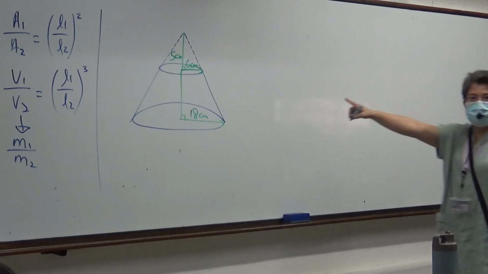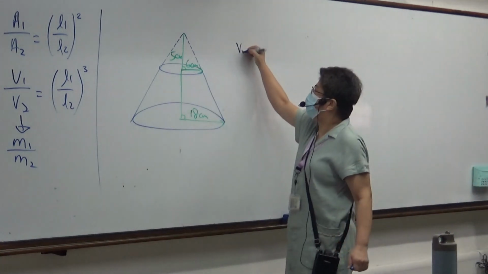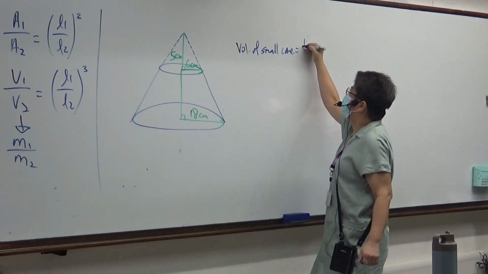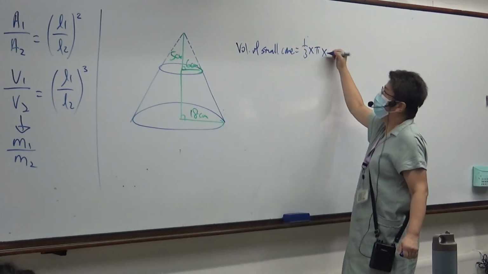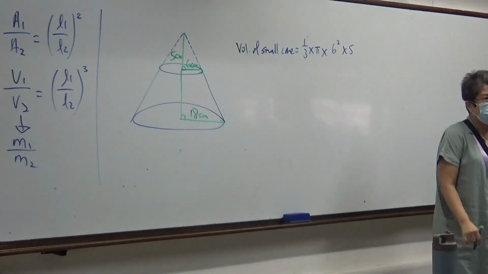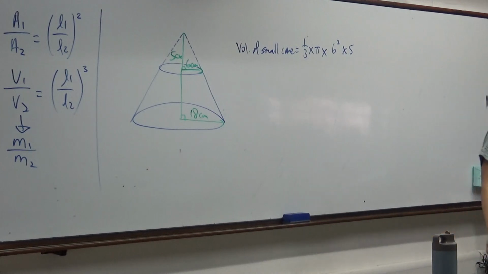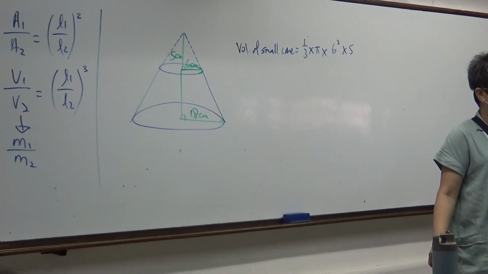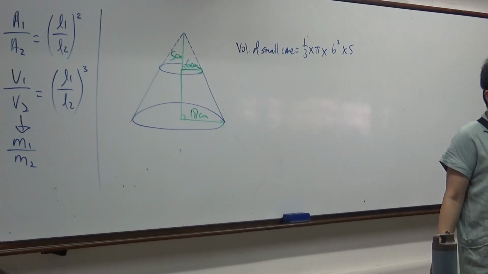Now, the top one, the small cone, is very easy. Volume of small cone will be 1/3 times pi times 6 squared times 5, right? Because they do not require the exact answer, I can leave it in terms of pi. What do you mean by leave it in terms of pi? That means you leave pi there, don't need to plug in any value.